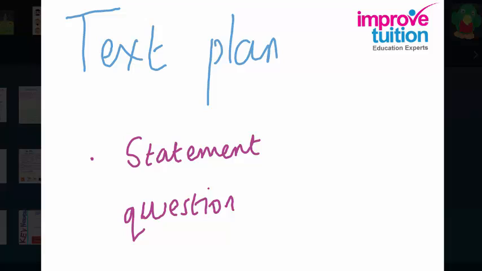Now, there should be supporting points, and you've got to organize your reasons into a paragraph for each point with supporting evidence. For each point you make, you've got to give evidence.